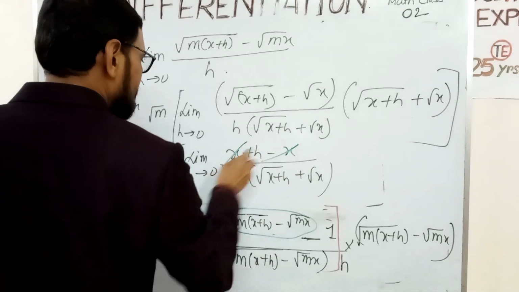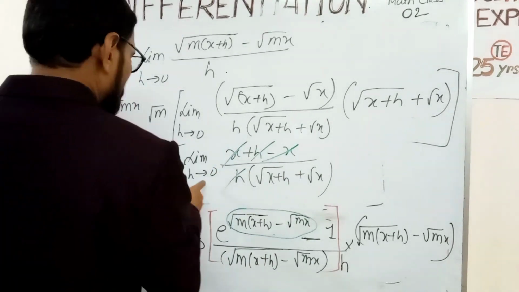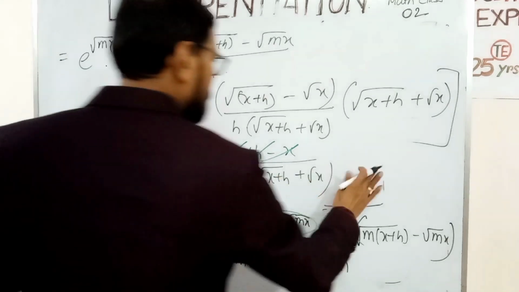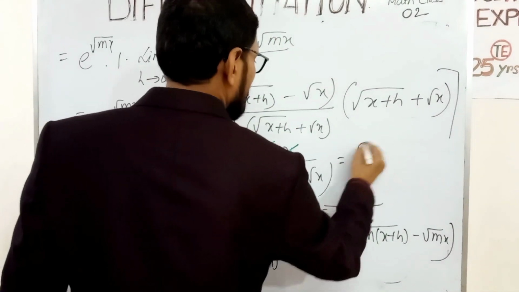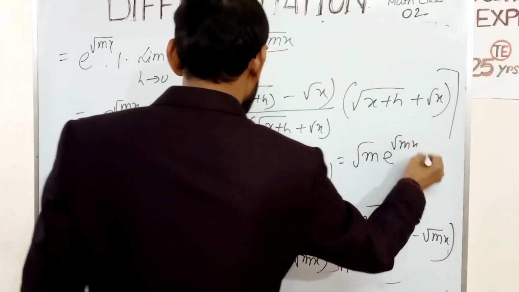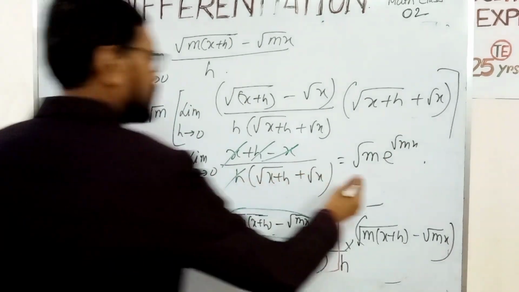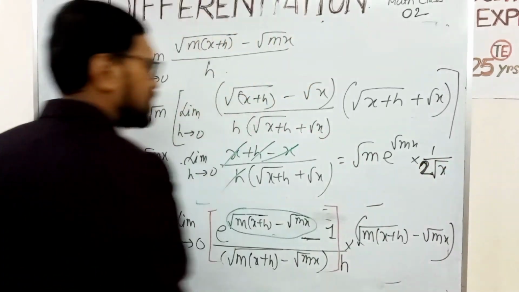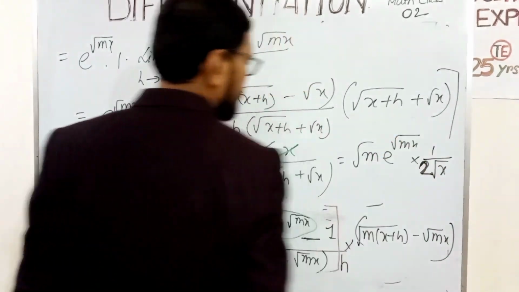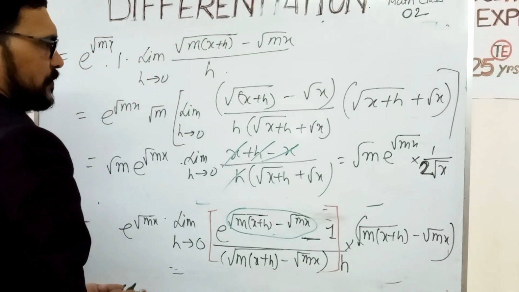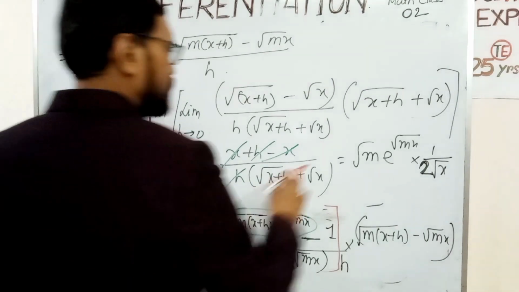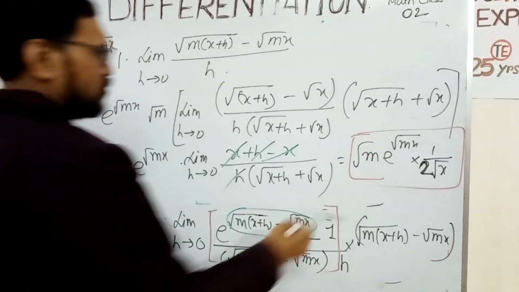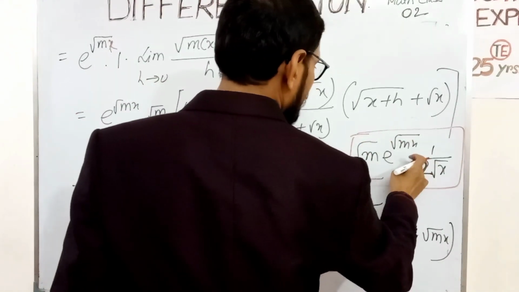So cancel x here, h here, and finally put h equal to 0 here. We get the result: root over m e to the power root over mx into 1 by root x plus root x, which is 1 by 2 root x. So this is the result. The derivative of e to the power root over mx is root over m into e to the power root over mx into 1 by 2 root x.